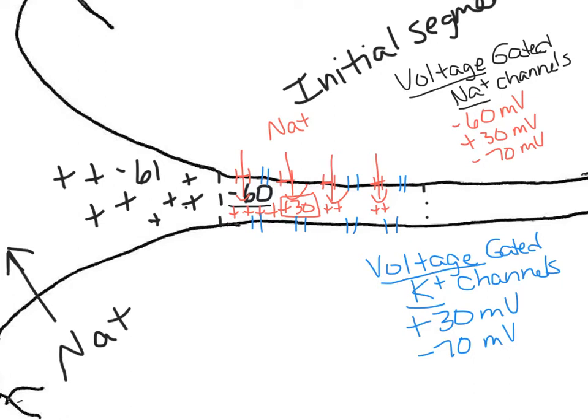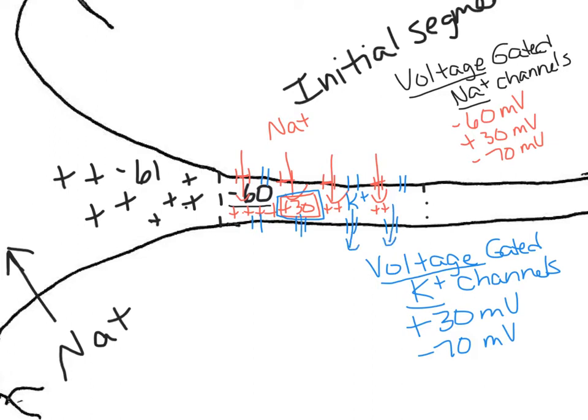So as those sodium channels close, the charge inside the cell reached positive 30 millivolts because all that sodium was flooding in, and then sodium channels closed, right? Then the potassium channels open, and potassium does what? Exits the cell. So potassium always exits the cell.